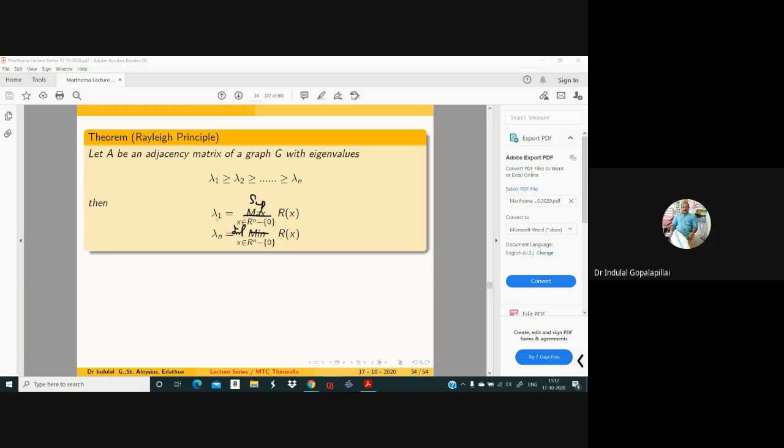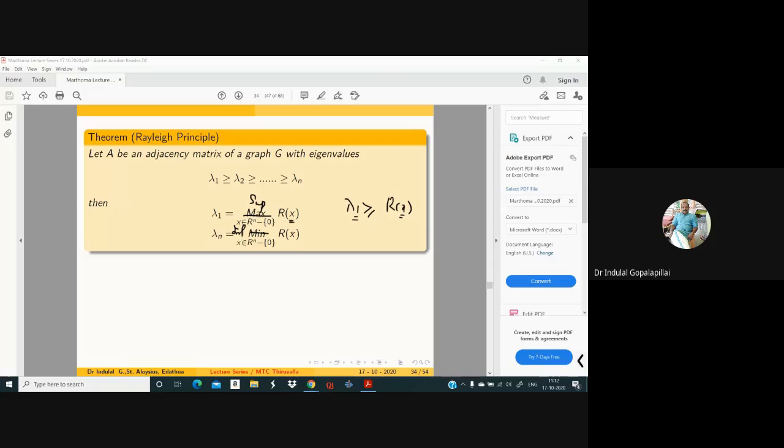So we can find some estimates of lambda. If we choose some particular x, then since lambda 1 is a supremum, lambda 1 is greater than or equal to the Rayleigh quotient of that x. So if we choose this x wisely, we can find estimates for the largest eigenvalue. Choosing a suitable x is part of research.